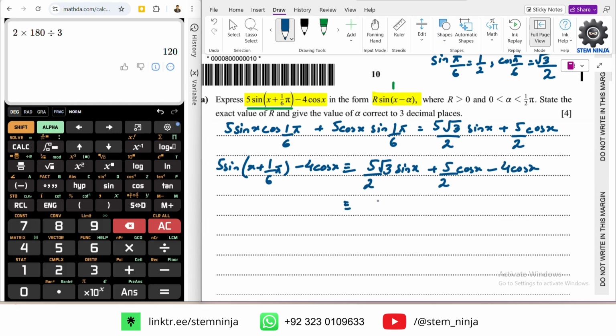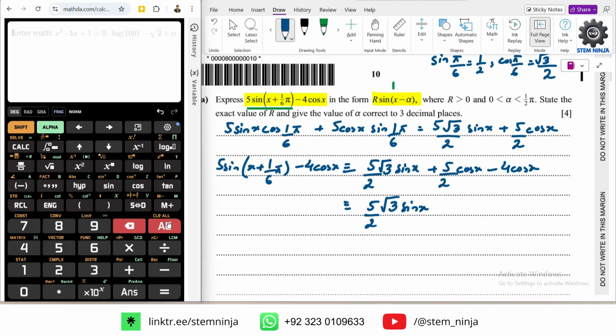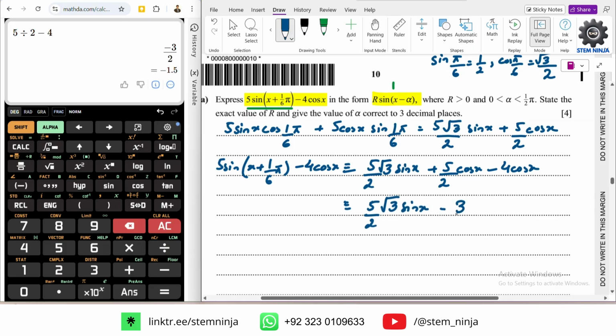This becomes 5 over 2 root 3 sine of x, and 5 over 2 minus 4 is minus 3 by 2 cos of x. Now, this is what we need to expand into this, right?